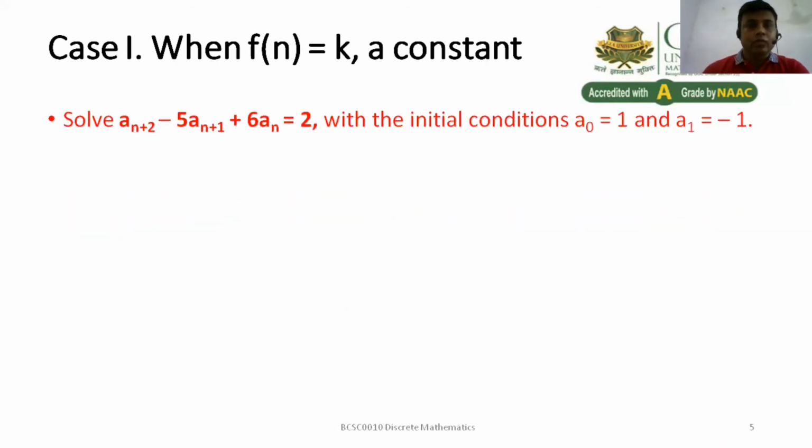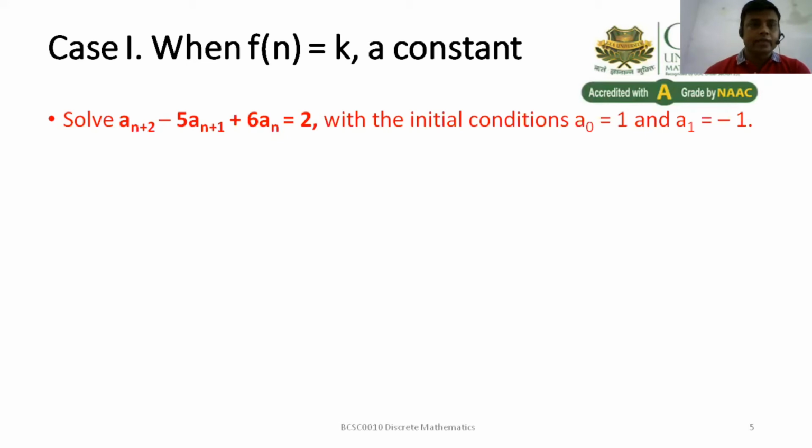This can be described by this example. Here we have a_(n plus 2) minus 5 a_(n plus 1) plus 6 a_n equals 2. Again, this is a linear recurrence relation of order 2, because the difference of n plus 2 and n is 2.